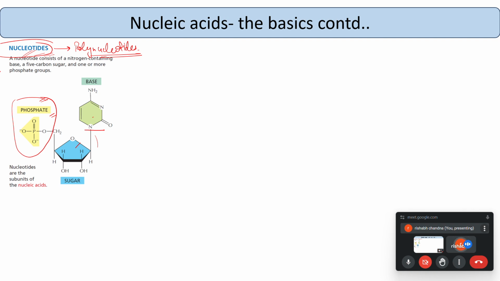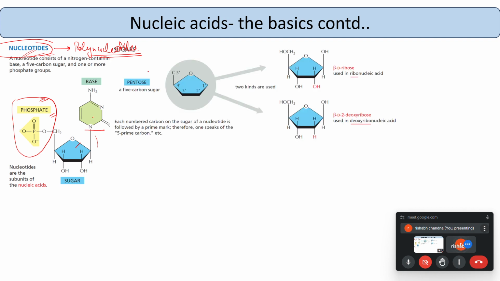Okay, now there are three components of a nucleotide. First comes the sugar. So this is a pentose sugar, as you can see here. And we label this particular sugar because this helps us in labeling the directionality of the nucleic acid. Okay, so here comes the first carbon.